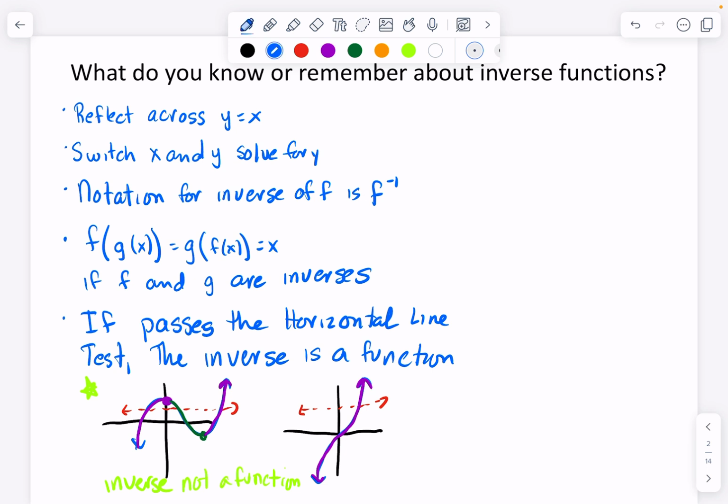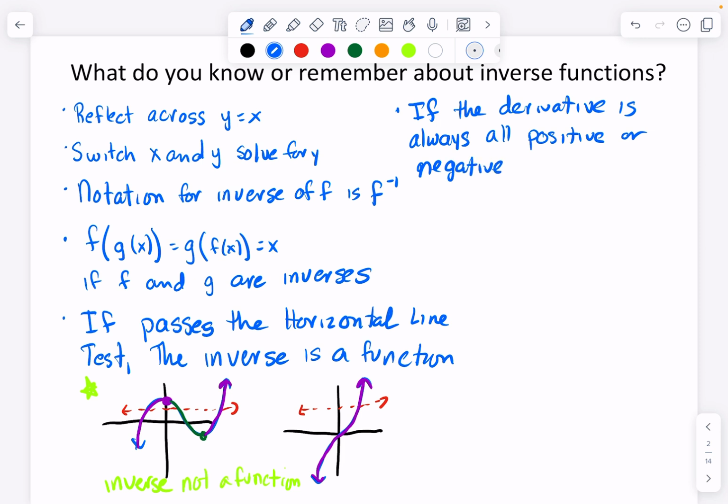So if the derivative is always positive or negative, the inverse is a function.